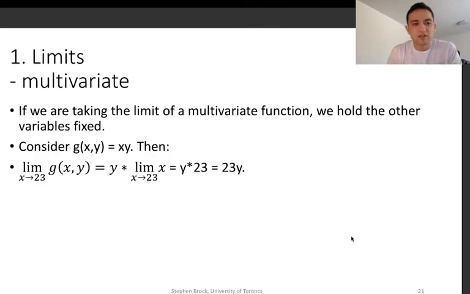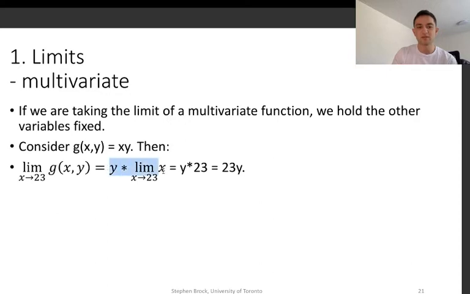All right, so now I want to talk about the instance where you have a multivariate function. If we're taking the limit of a multivariate function, which means there is more than one variable, we hold the other variables fixed. So consider g of x, y, which is equal to x times y. Then the limit as x approaches 23 of g of x, y is equal to y times the limit of x as x approaches 23.